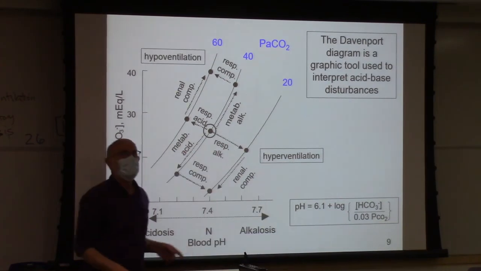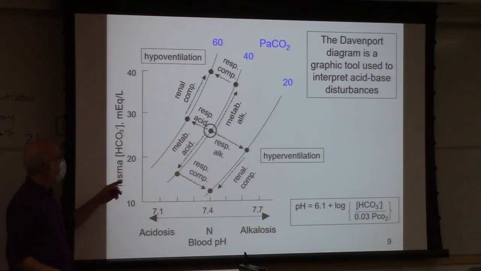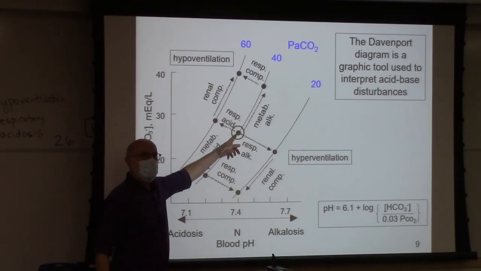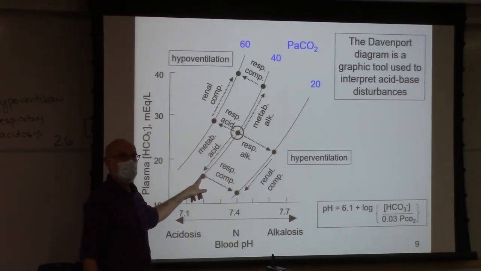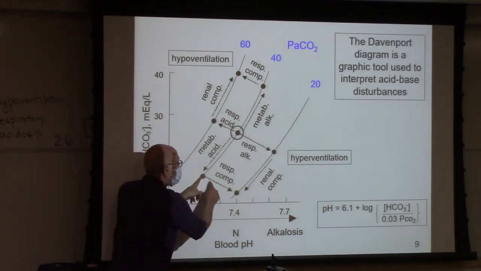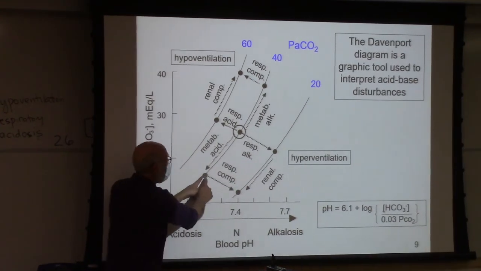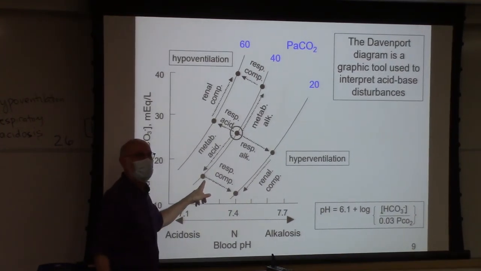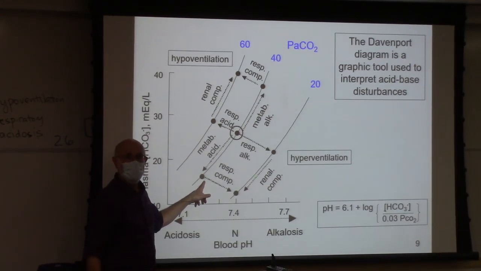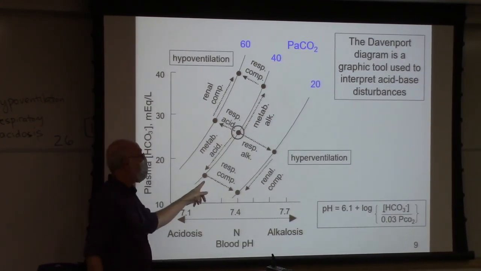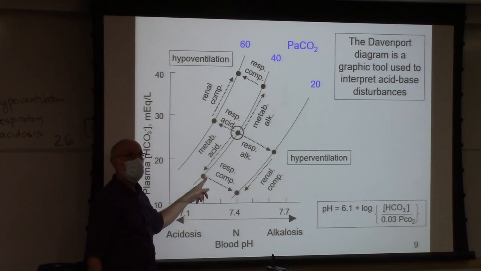Let me give a challenge question. If we caused metabolic acidosis, and we want to talk about not the respiratory system's compensation, but renal compensation for lactic acid acidosis.